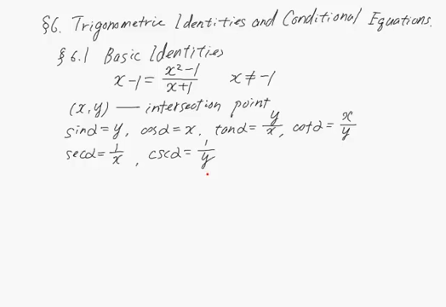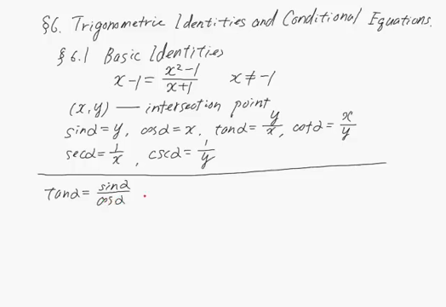From these definitions, we immediately get identities from the definitions. Tangent alpha is equal to sine alpha over cosine alpha, and cotangent alpha is equal to cosine alpha over sine alpha.